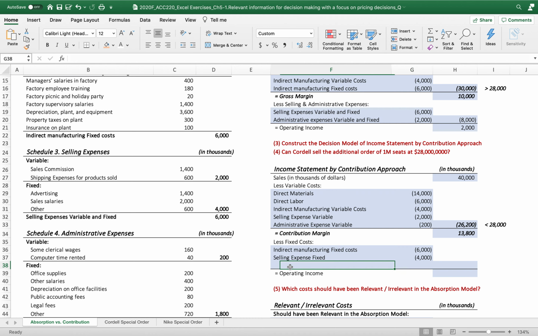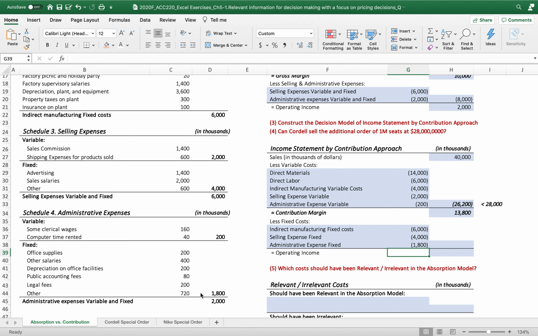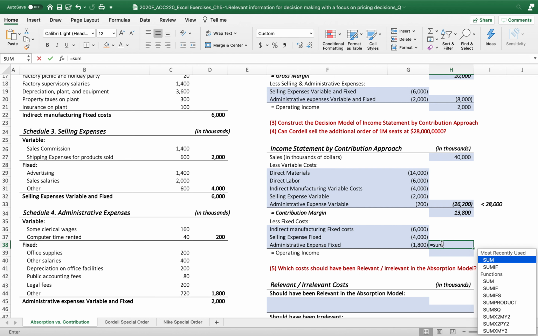And then finally, administrative fixed cost is minus 1,800, 1.8 million. Okay, and then let's sum up.